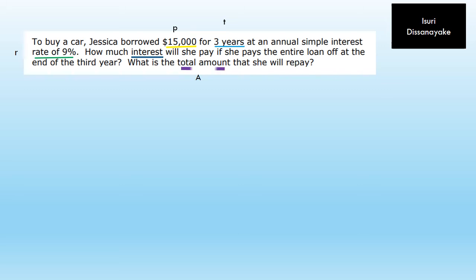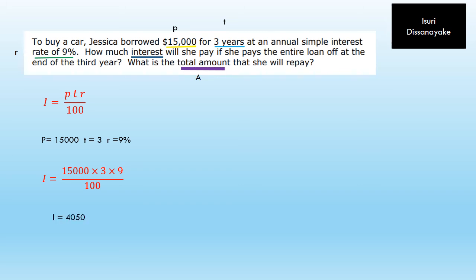So let's write down the formula first. That is I equals PTR over 100, where P is equal to 15,000, T is equal to 3 and R equals 9%. So I equals 15,000 multiplied by 3 multiplied by 9 divided by 100.